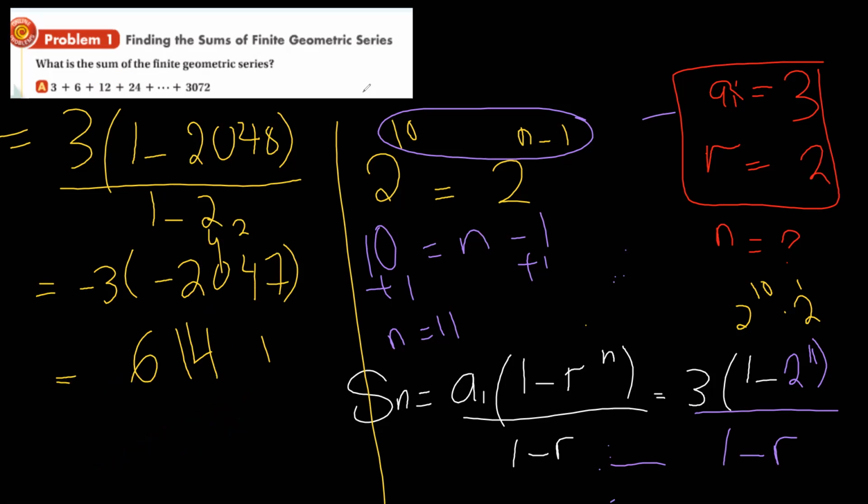This is now the summation of the finite geometric series. Over negative 1. No, this negative 1, I put the sign here. Sorry. Okay, now, is it clear? Yes. Okay.